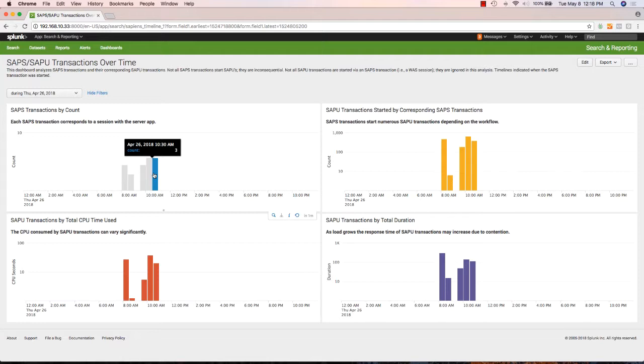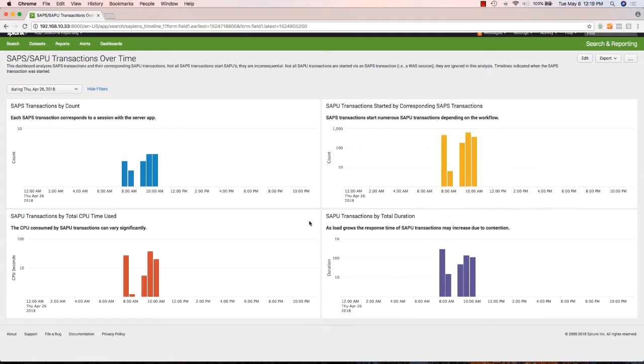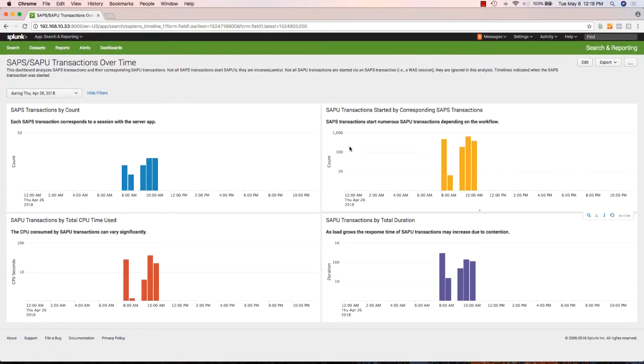But that's not really an interesting metric, right? What you really want to know is what are the SAPUs? And what we know is that in that same time frame, it's likely that those 3 SAPSs rippled out into 391 SAPUs.